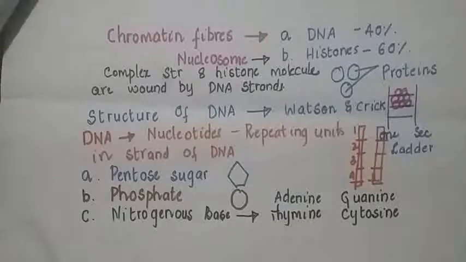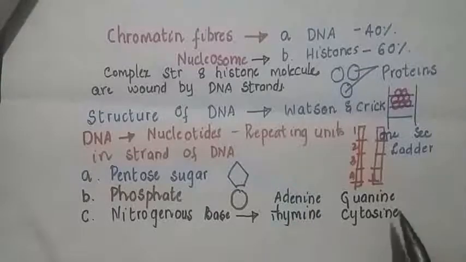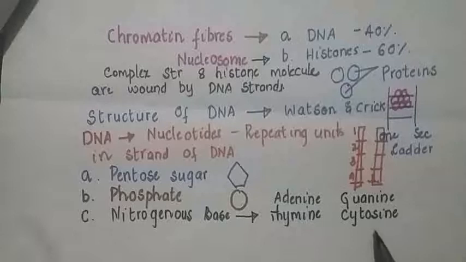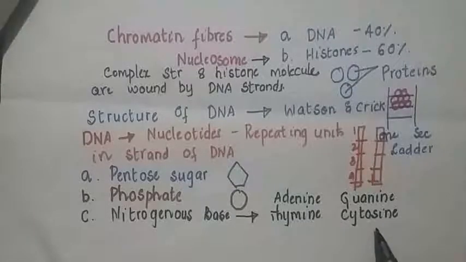So what are the 4 nitrogenous bases? Adenine, thymine, guanine, cytosine. Right, children? So these are the 4 different types of nitrogenous base.